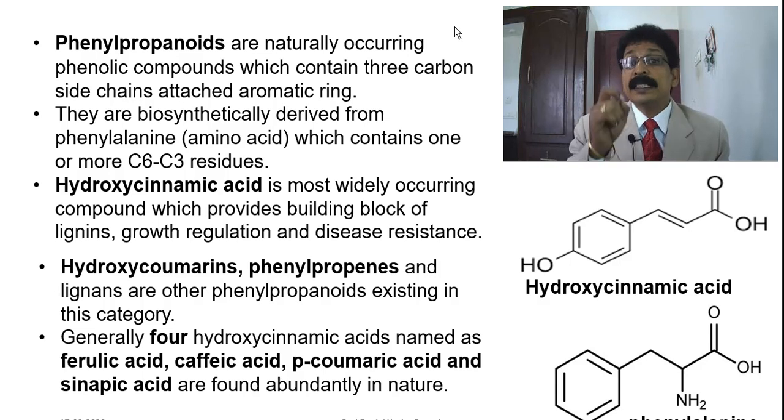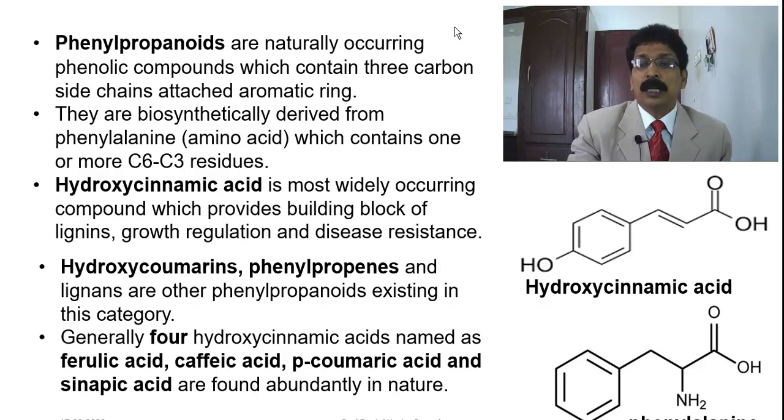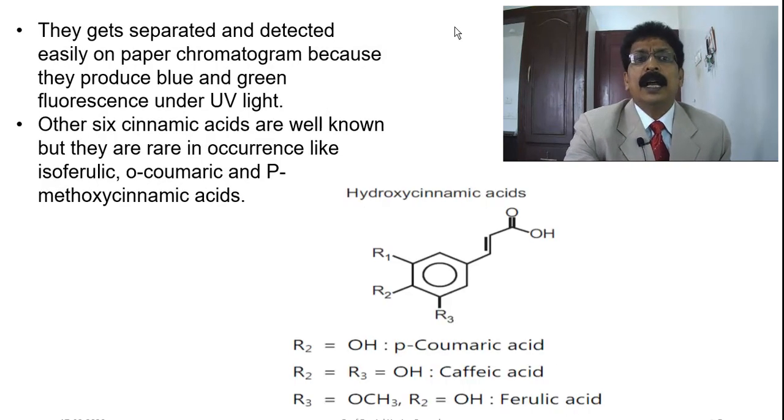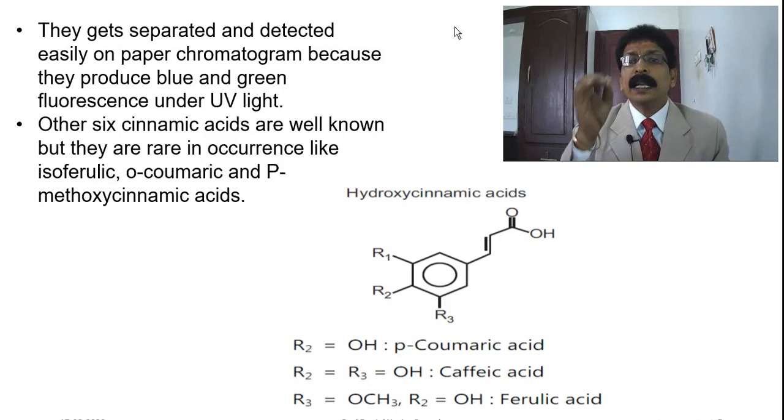And this is produced from phenylalanine, which is an aromatic amino acid which we have studied already. So aromatic amino acid means which undergo what type of pathway? It undergoes the shikimic acid pathway to get the aromaticity. So that is the understanding you have to think, and you can write very clearly.